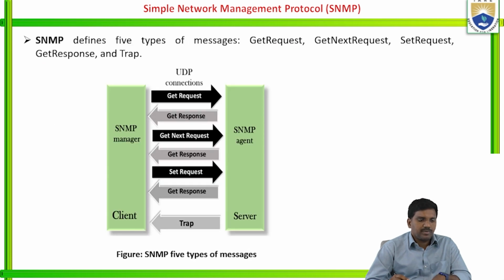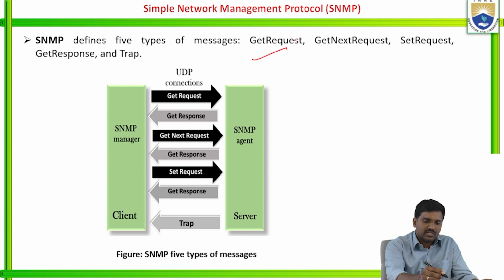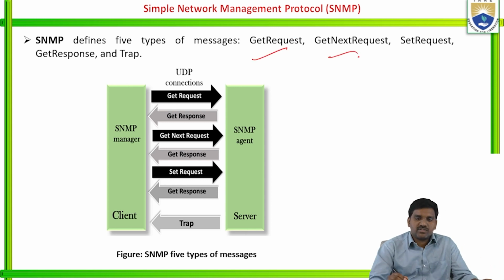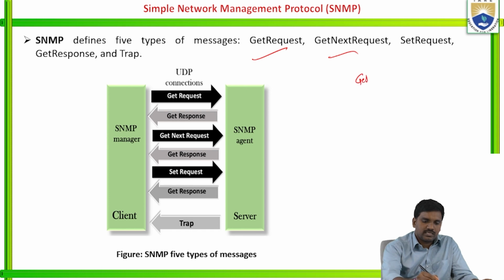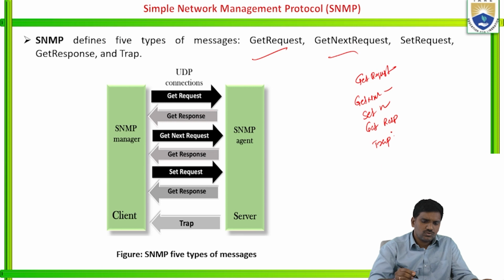So here SNMP defines 5 types of messages: get request, get next request, set request, response, and trap.